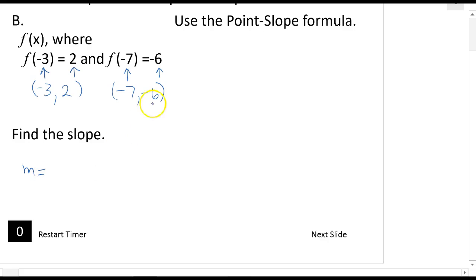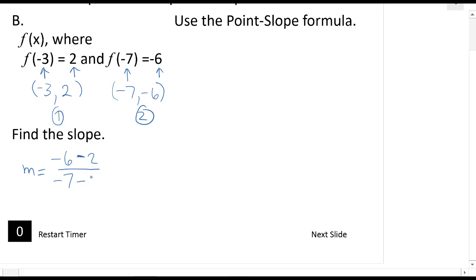So I'll make this one the second point and this the first. So I'll do negative 6 minus the first y, which is 2, and then negative 7 minus the x value, negative 3. Now this is important.